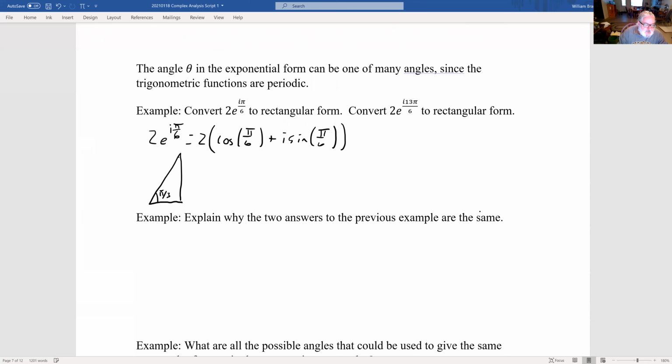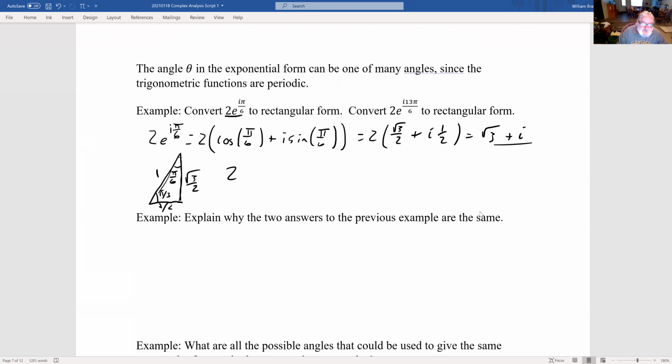Pi over 3, pi over 6. The long side is root 3 over 2. The short side is 1/2. And the hypotenuse is 1. So cosine pi over 6 is adjacent over hypotenuse. So that would be 2 times root 3 over 2. And sine is 1/2. So 2e to the i pi over 6 in rectangular form is root 3 plus i.